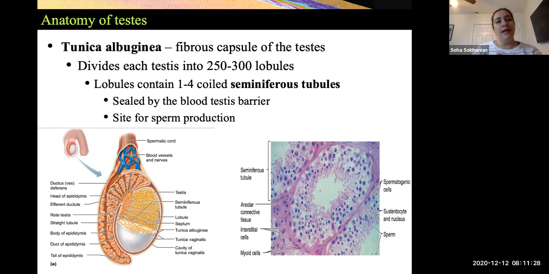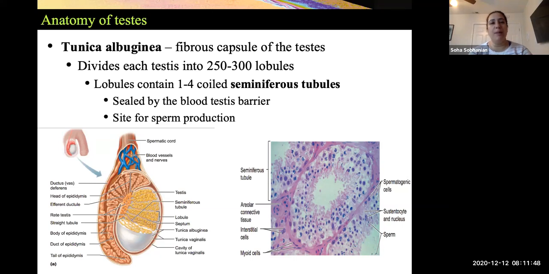But if you look inside the tunica albuginea, think about it as the styrofoam that comes around your glassware or your TV that's protected. It's the same concept in our body.